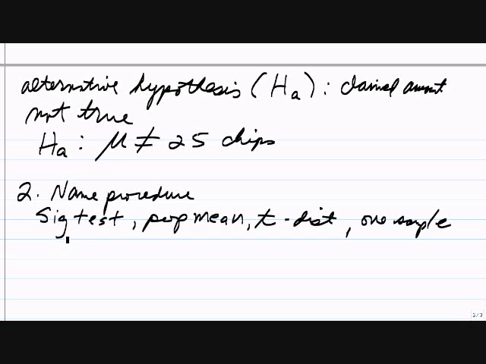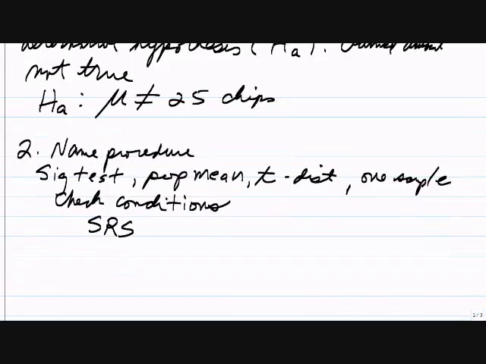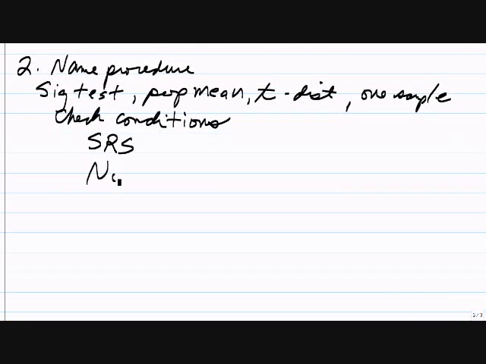And then we check conditions. The conditions we need to check are the same kind of conditions that we did for confidence interval: SRS, normality of sampling distribution, and independence.